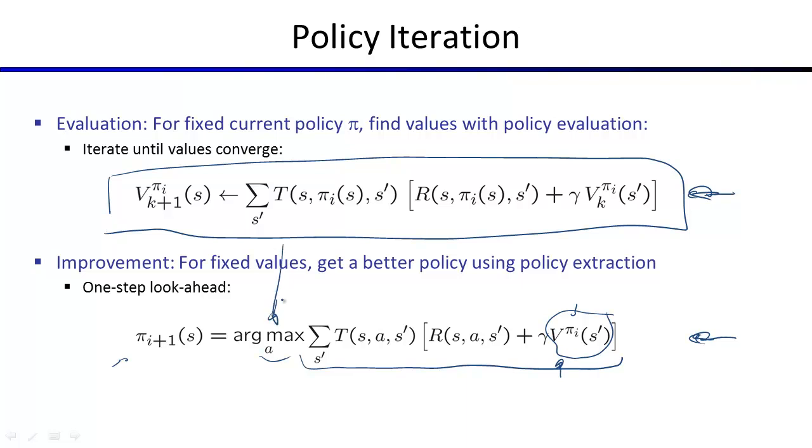Down here, we look at the same equation, but with a max. If pi i plus 1 equals pi i, what that means is that choosing the max is the same as sticking to pi i, which means that the values we found up here actually also satisfy this equation with the max up here, because the max would coincide with pi i of s. Which means that once pi i and pi i plus 1 are the same, the values we found are V star.